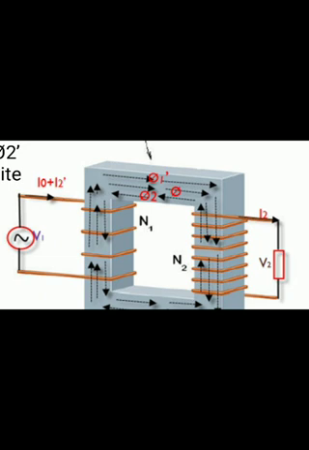These fluxes are opposing, so φ2 and φ2 dash cancel. Then the remaining main flux φ passes through the core.